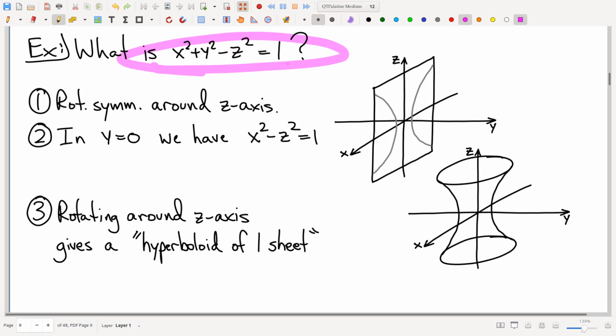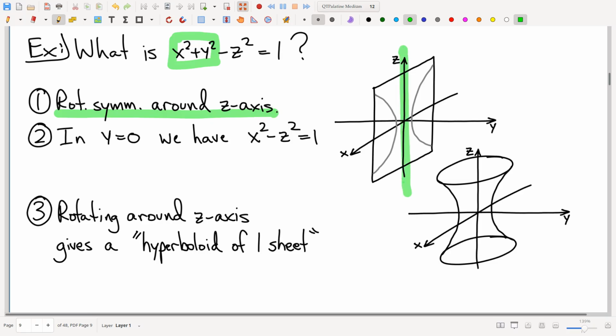Okay, weird. I don't know what to do with that minus sign. It's vaguely suggestive of maybe a hyperbola or something. But how does that actually work? Okay, same process. I'll be quicker with this one. x and y appear only in the special form, so it's rotationally symmetric around the z-axis, which means I can pick any plane that I like that contains that axis.